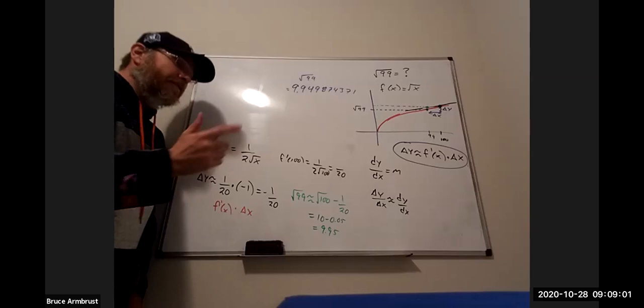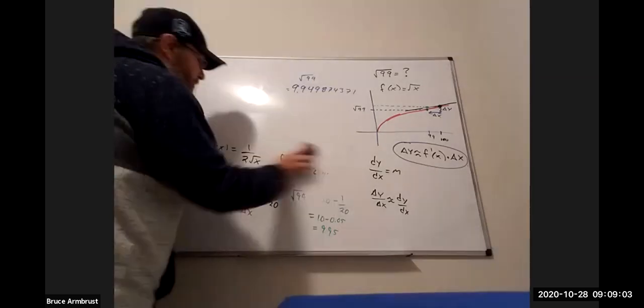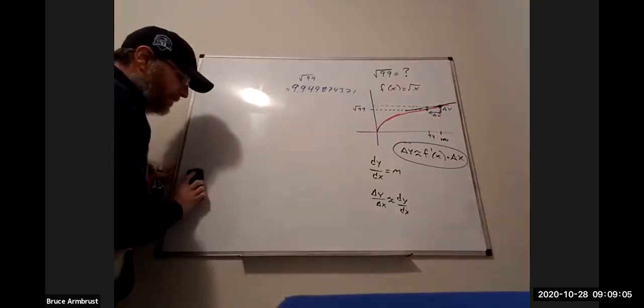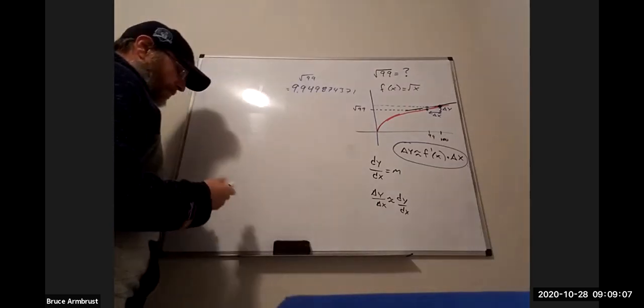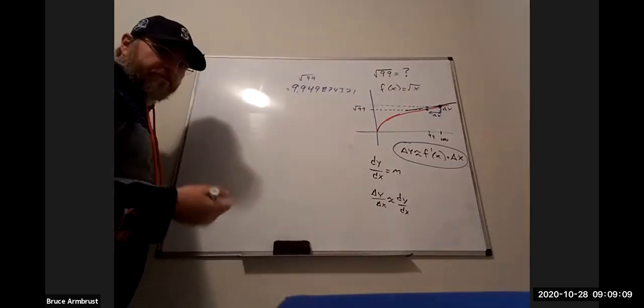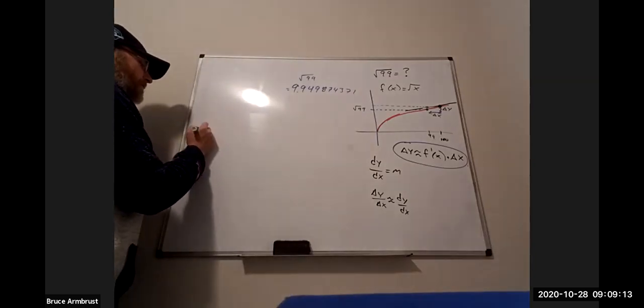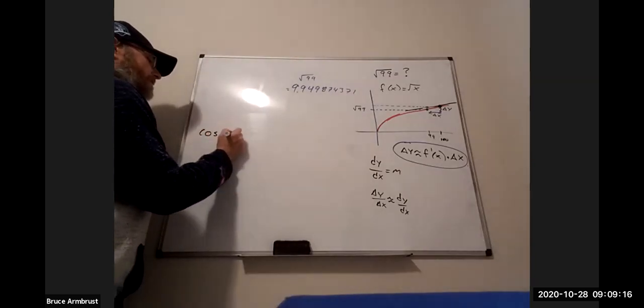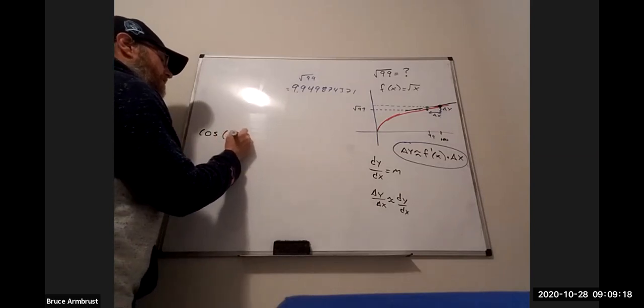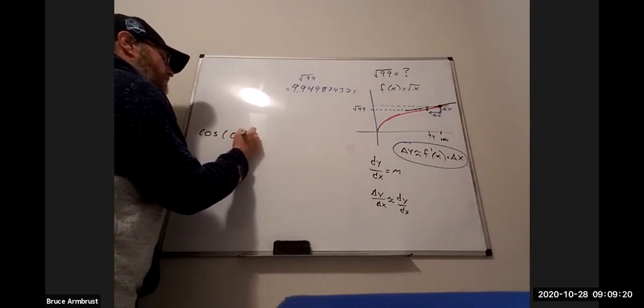So anyway, all right, here's another question. What if you're doing your thing, and you find out that you need to know a value of cosine of 0.2?